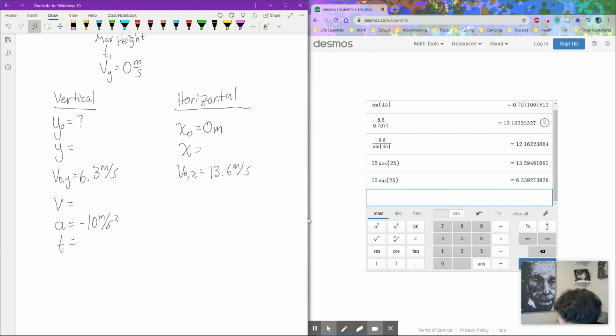We do know that any other horizontal velocity is going to be equal to our initial. That's the rule when things fly through the sky. And because those are the same, the acceleration is 0 meters per second squared, and the time is an unknown as well.